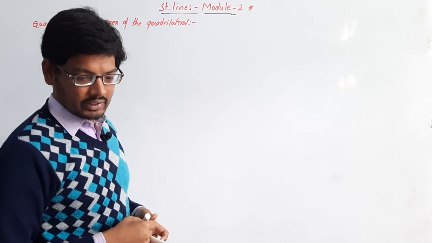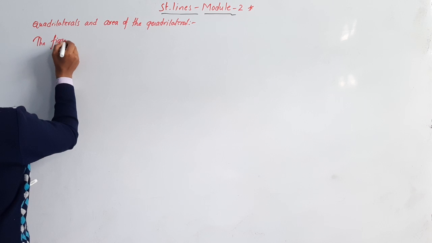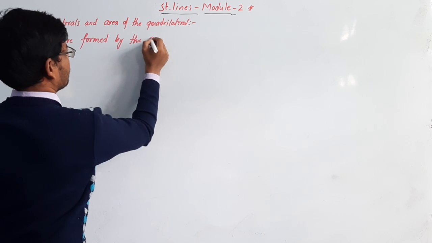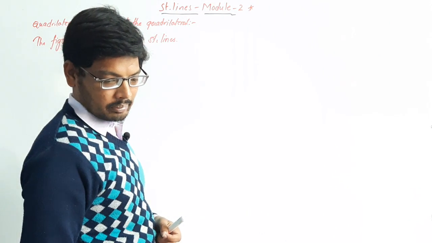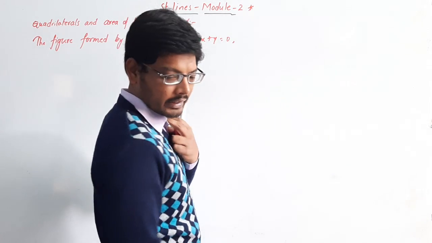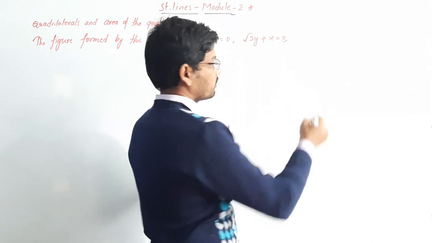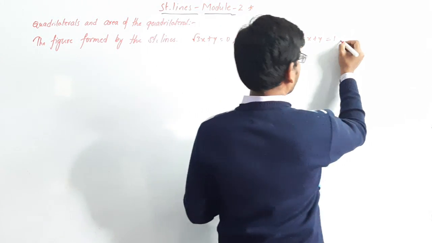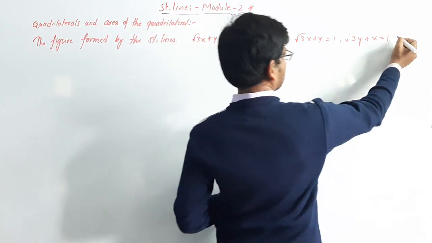So the question is: the figure formed by the straight lines root 3x plus y is equal to 0, and the second equation root 3y plus x is equal to 0, and root 3x plus y is equal to 1, and root 3y plus x is equal to 1 is asking.